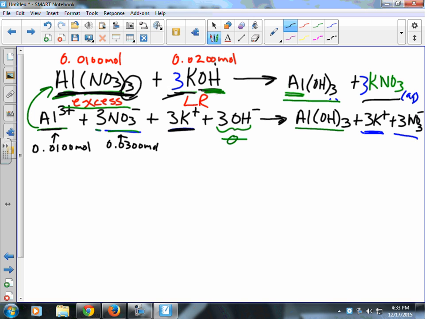Okay, for this potassium, well, we started with 0.02 moles of KOH. So how many moles of K plus are in 0.02 moles of KOH? It's 1-to-1 ratio, 0.02. And then, as I said, hydroxide, that's from the limiting reactant.